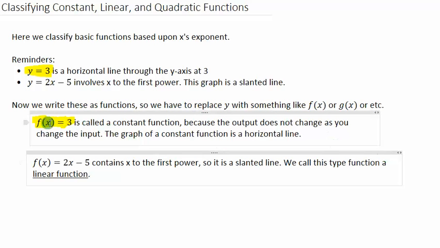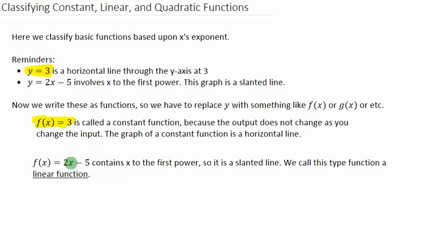Now, some people may call f of x equals 3 a linear function as well because it's also a line, but we can be more specific by saying it is a constant function, meaning its y value doesn't change. In a linear function, because it's a slanted line, the y values do change. The thing that makes it linear is the fact that the variable is to the first power.